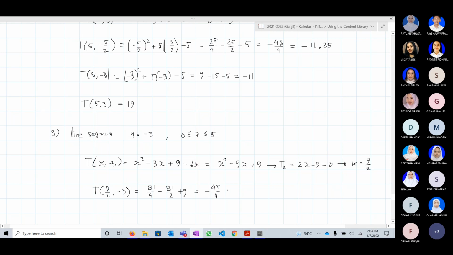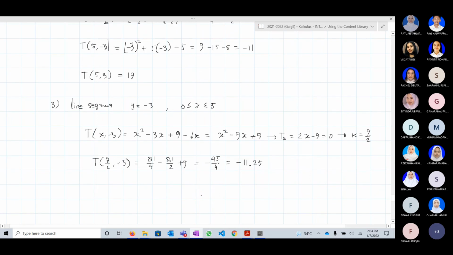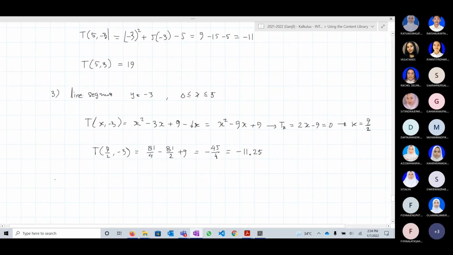So this is equal to minus 11.25. And the boundary we already computed, so we don't need to compute the boundary again.